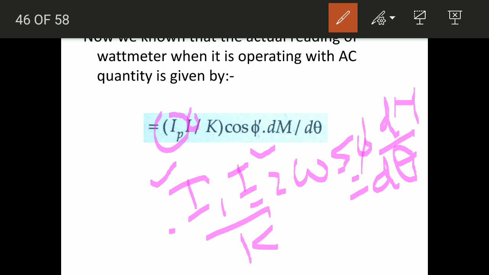But in this case, because we have considered that the pressure coil has some net inductive reactance, that is why this phi is changed to phi dash, where phi dash is nothing but phi minus beta. That is the reason in this equation we have written phi dash. So phi dash is nothing but the angle between current flowing through the current coil and current flowing through the pressure coil. Rest of the thing is as it is.